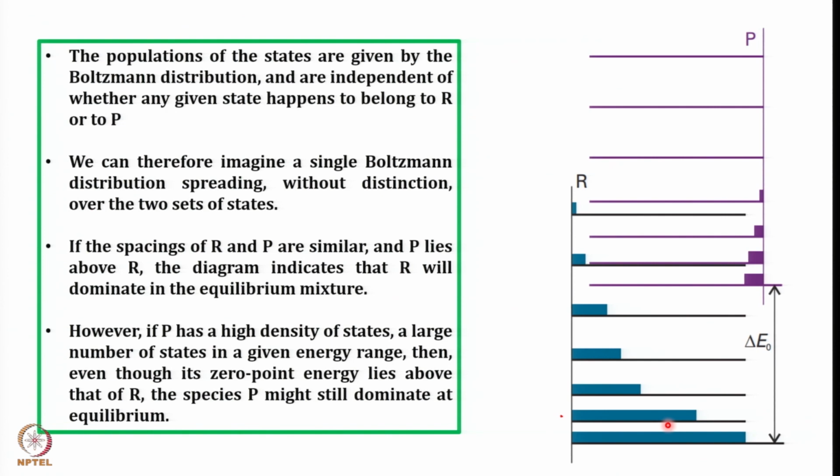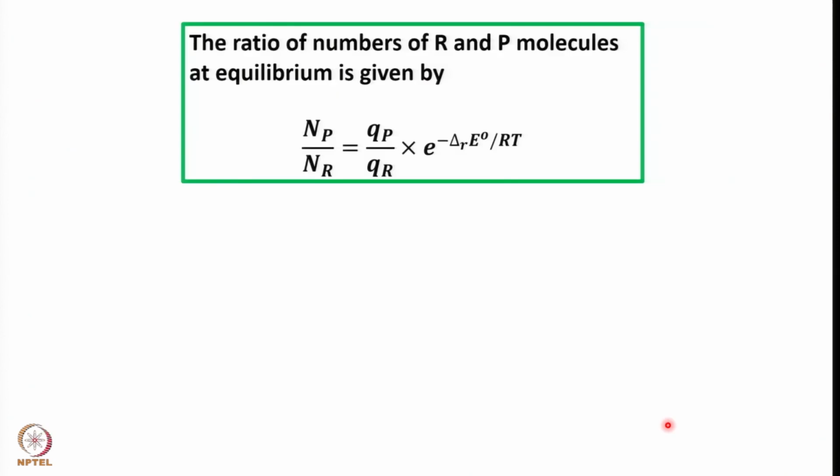Let us do that. Now we have the reactants, we have products, and their energy levels. We can calculate the number of molecules in the product and the number of reactant molecules under equilibrium conditions. Once we have the numbers, this number is directly proportional to concentration.